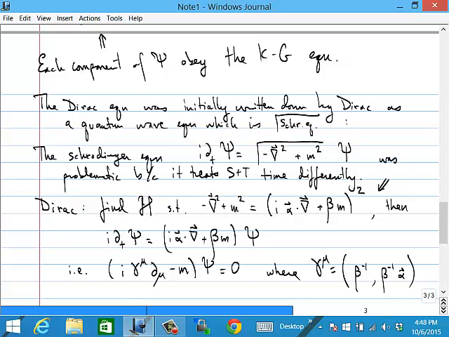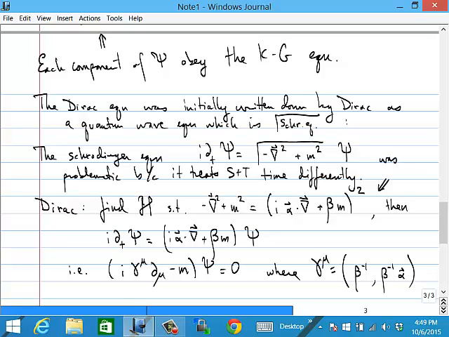So the reason why the Klein-Gordon equation didn't make sense as a wave equation for a quantum mechanical wave function was that it was second order in time derivatives, so we couldn't find a conserved probability.